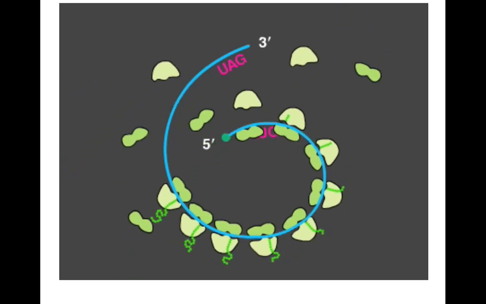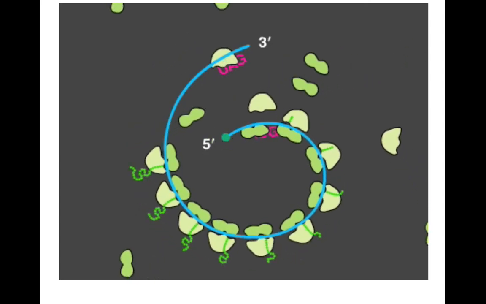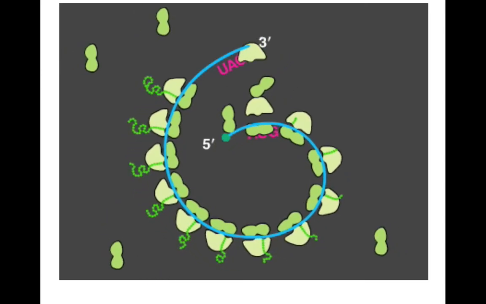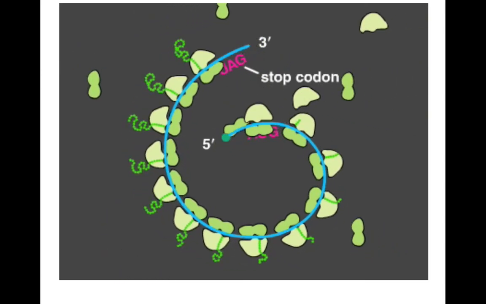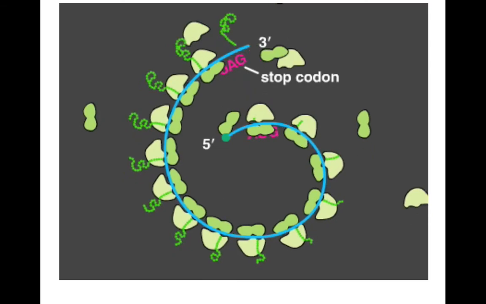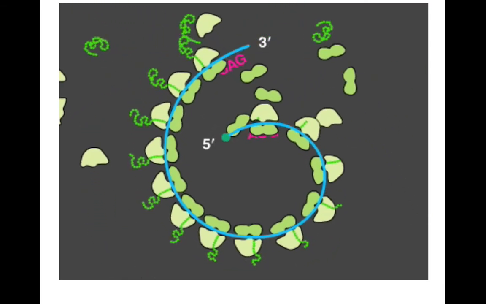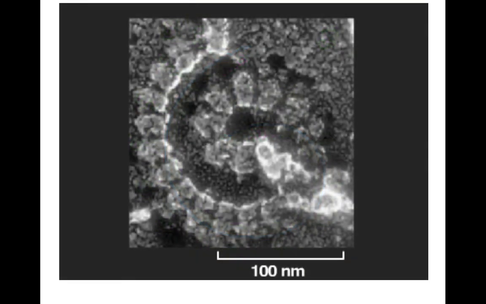These multiple initiations allow the cell to make much more protein from a single message than if one ribosome had to complete the task before another could begin. When a ribosome reaches a stop codon, the ribosome and the new protein dissociate from each other and from the mRNA. This electron micrograph depicts a membrane-bound polyribosome from a eukaryotic cell.